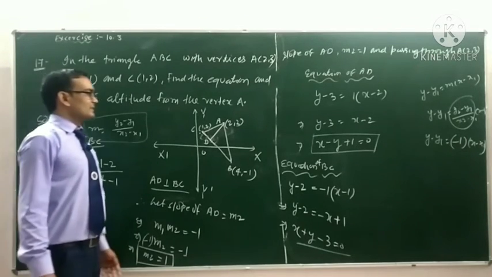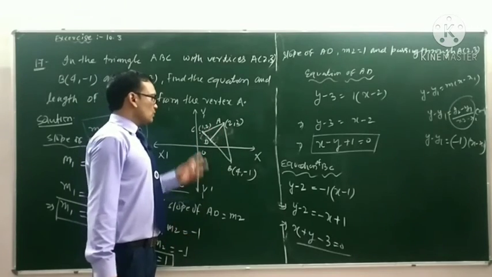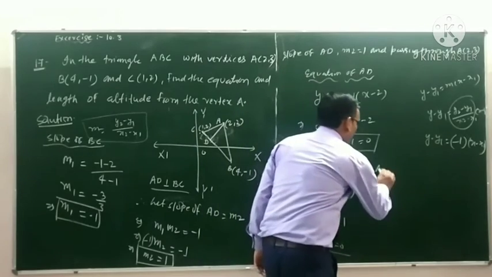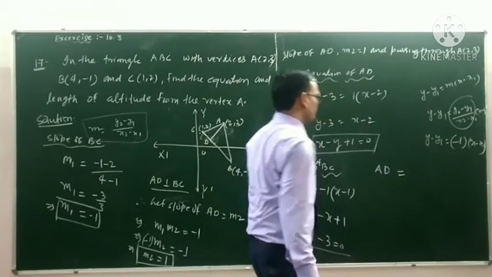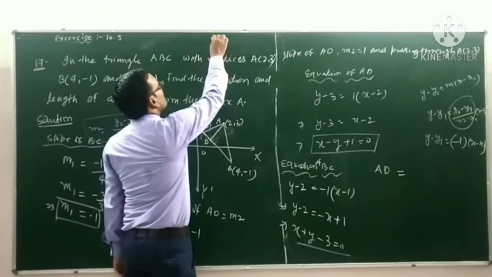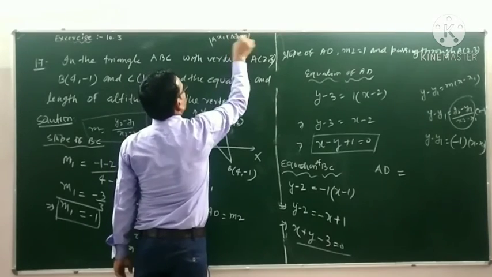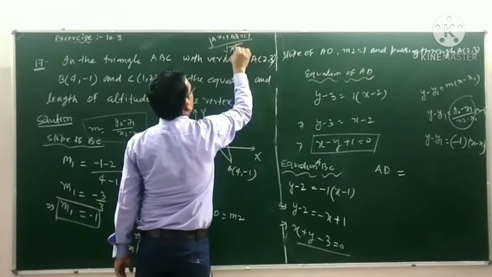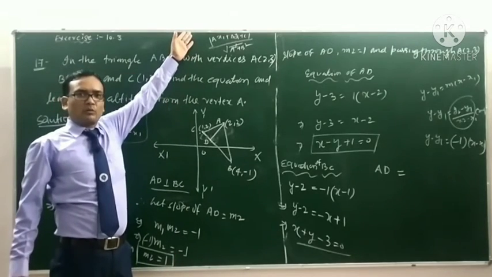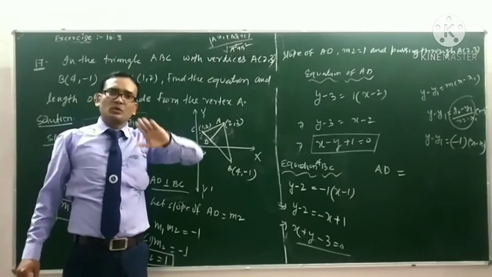Then we find the perpendicular distance from the point A to the line BC. Okay, AD is equal to, using the formula mod of ax1 plus by1 plus c upon square root a square plus b square, the distance of the point x1 comma y1 from the line ax plus by plus c equal to 0.